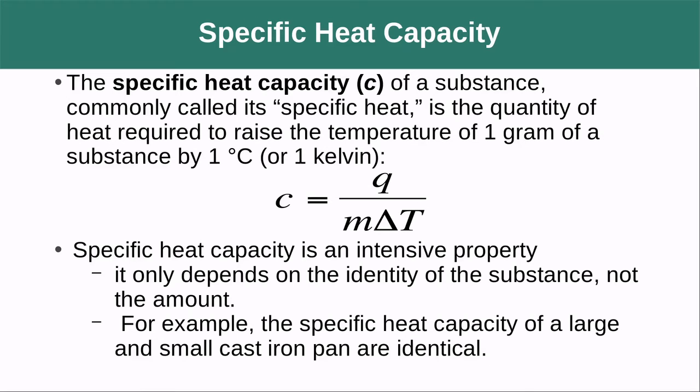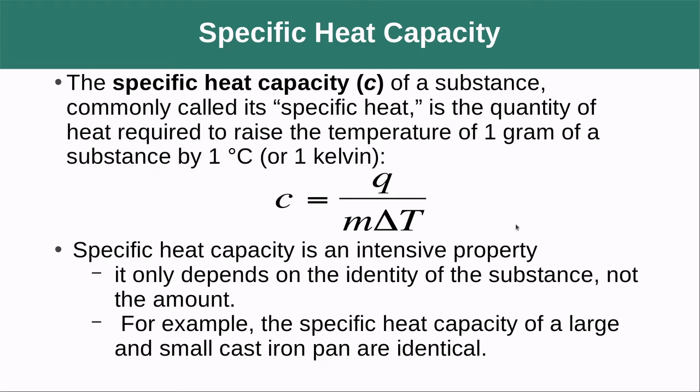So for that, we have the specific heat capacity. What we've done here is we've taken the heat capacity and divided it by the mass. Okay? So now we have a value that is per mass unit of our quantity.